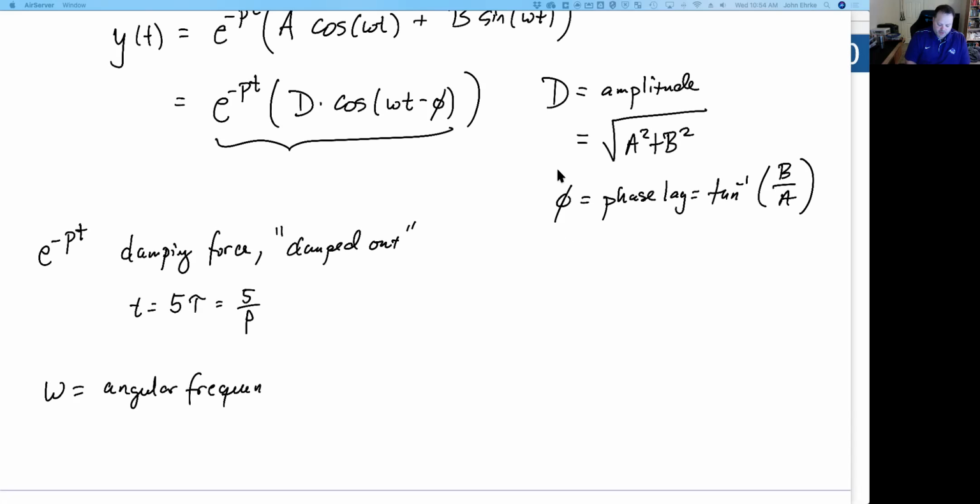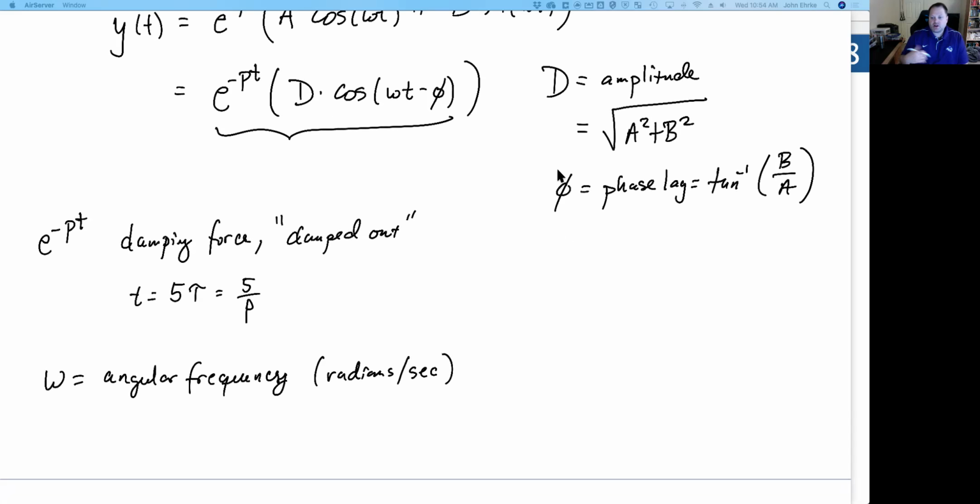Omega is the angular frequency, which is typically measured in radians per unit time, or radians per second, radians per minute, whatever the case may be. But there's another measurement we typically will want to deal with, and that is thinking of omega as being 2 pi times f.